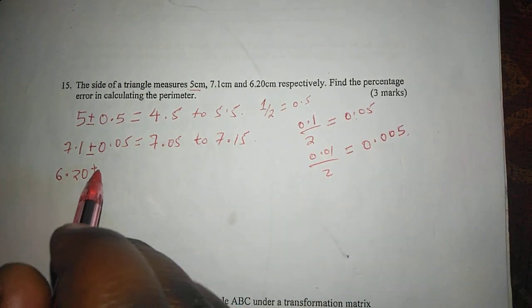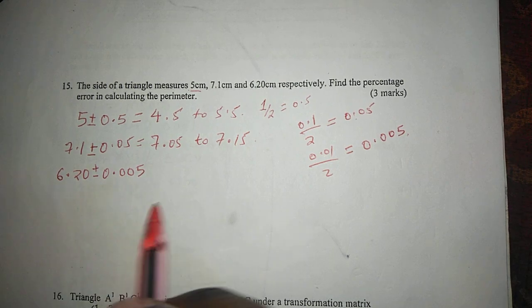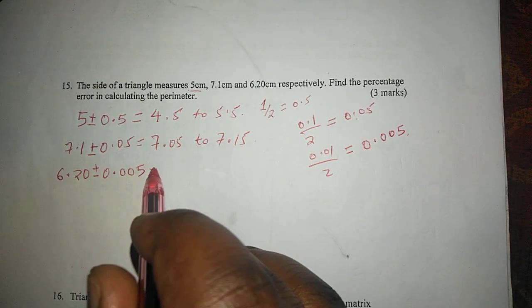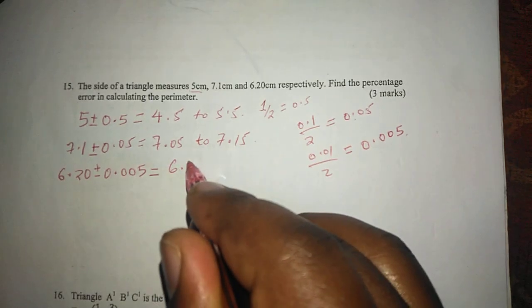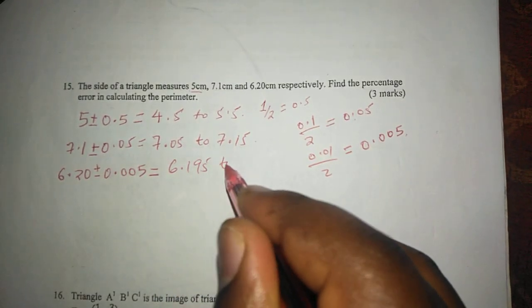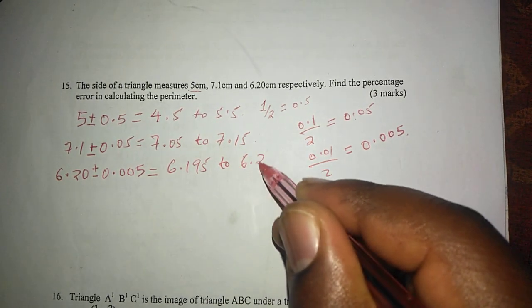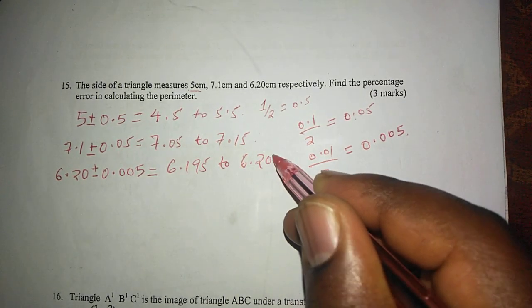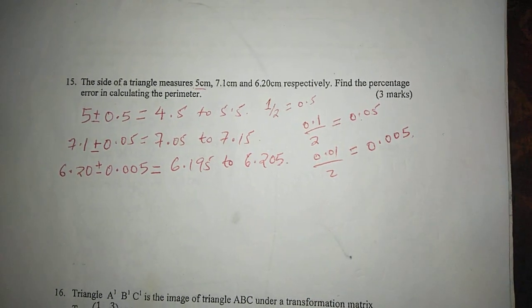Therefore, we add or subtract 0.005 to 6.20, and the limits of 6.20 will be, when we subtract 0.005, 6.195 as the lower limit, and the upper limit will be 6.205. So that is where the last dimension is lying.